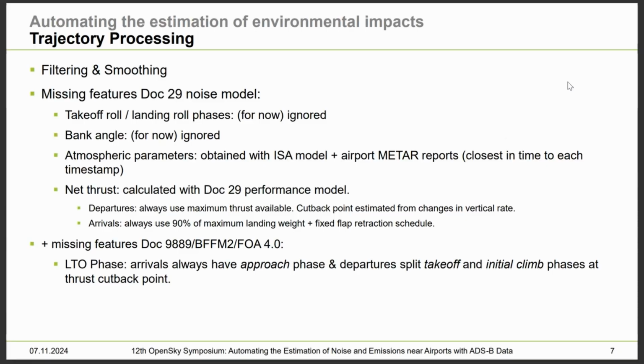This is the biggest assumption I make in my paper, because to calculate thrusts, you do need some sort of idea of the other forces acting on the aircraft, and that I don't know currently, so I just assume maximum takeoff weight for aircraft for departures, and 90% of the landing weight for arrivals.